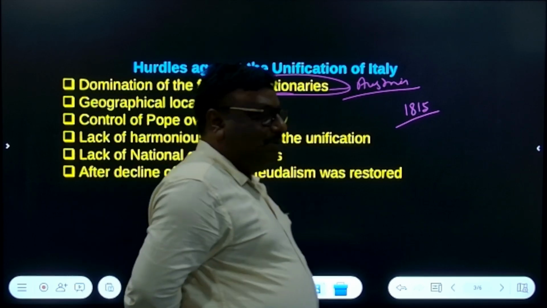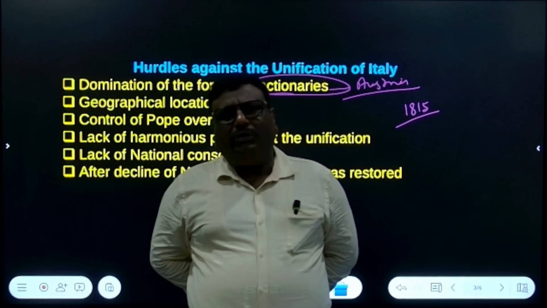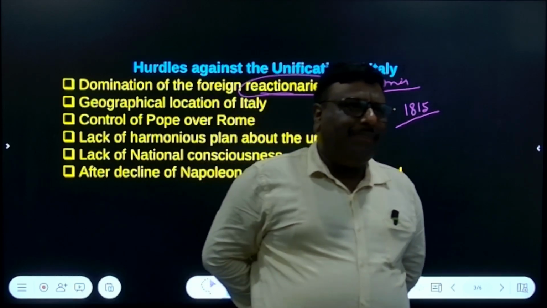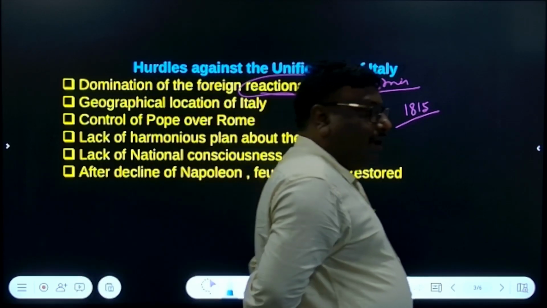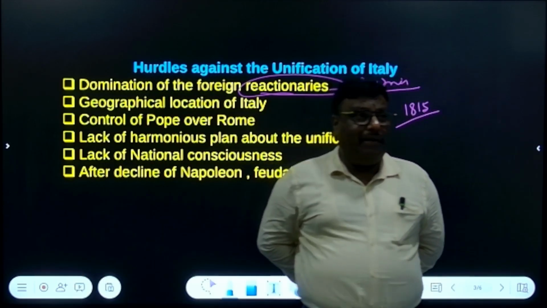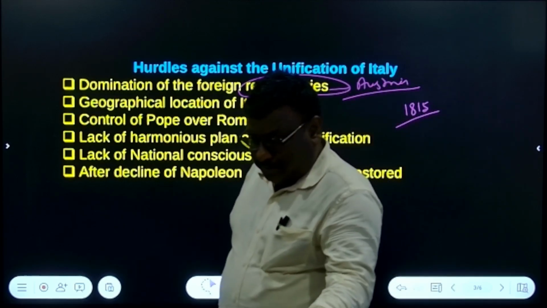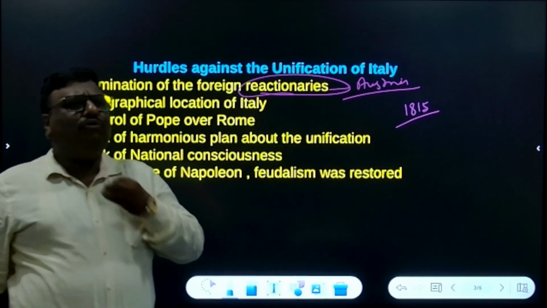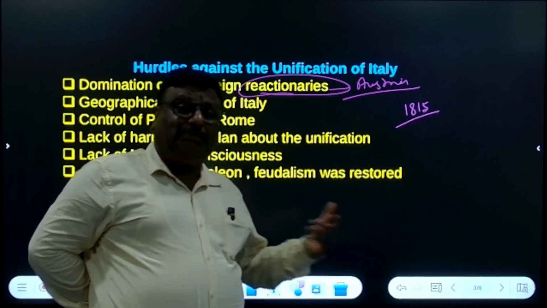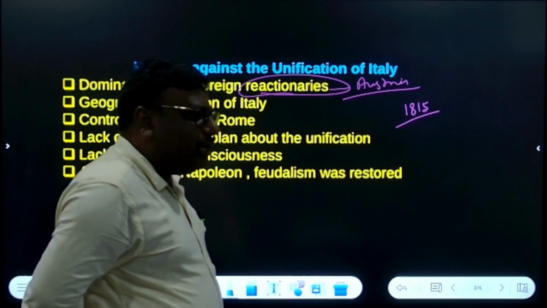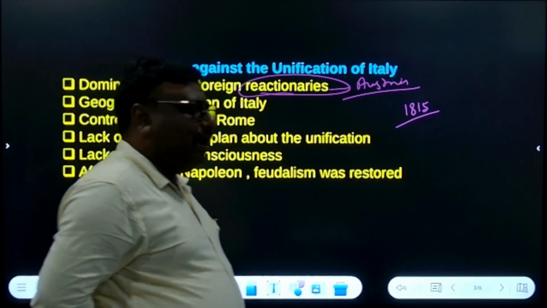Austria was not only the most powerful country but also an extremely reactionary country, and without the expulsion of Austria, Italy could never be united. Since Austria was powerful, it was almost impossible for a small monarchy like Piedmont or Sardinia to expel it without international support.